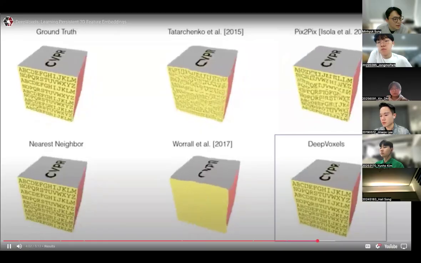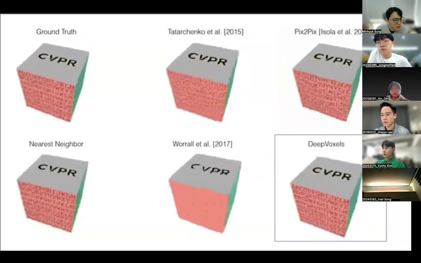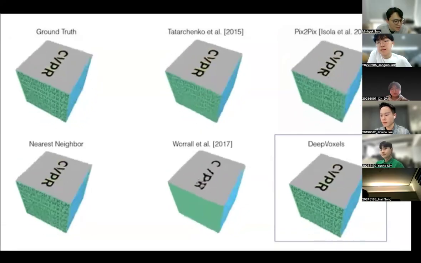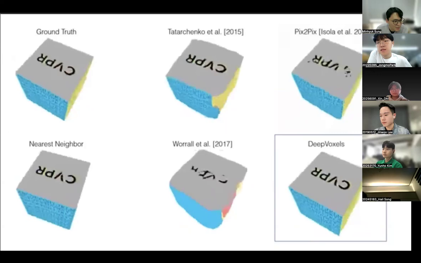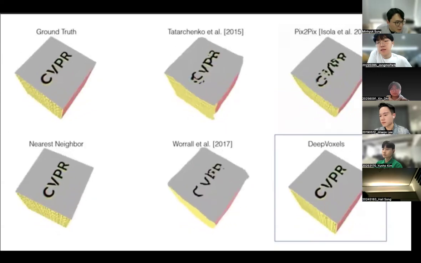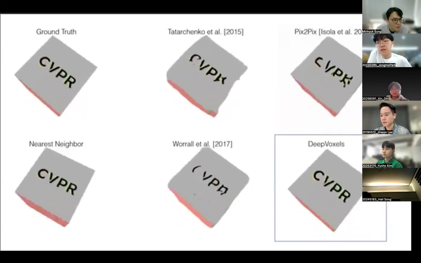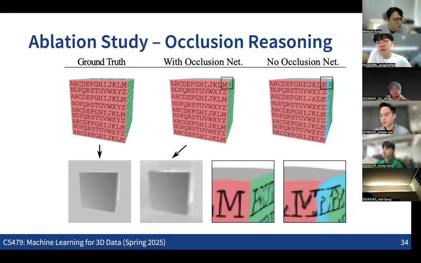Yeah. So you can see that for cases where we have very complex images, like having all the characters over the surface here, we actually get very clean outputs. See here, these are the cases where we have all the errors on the surface.